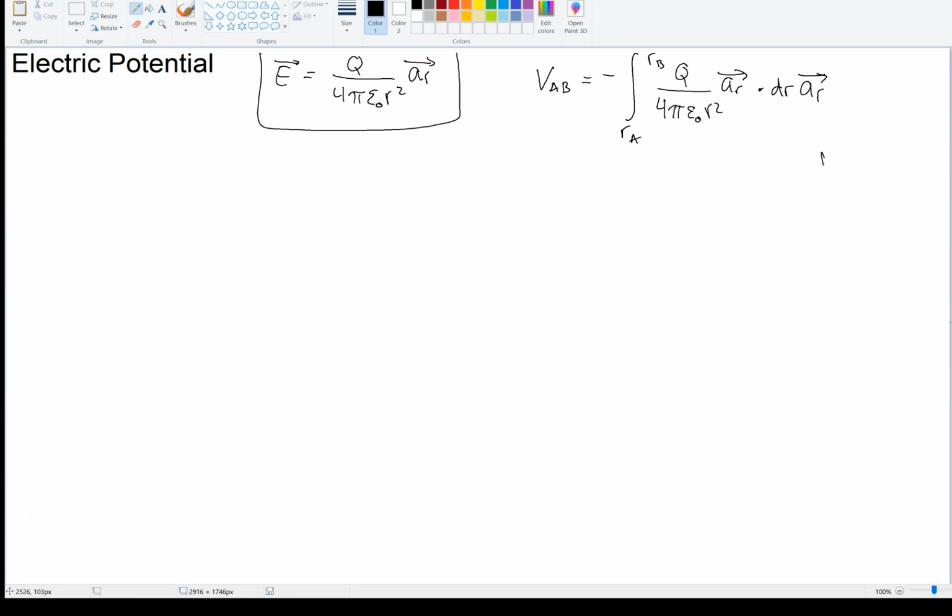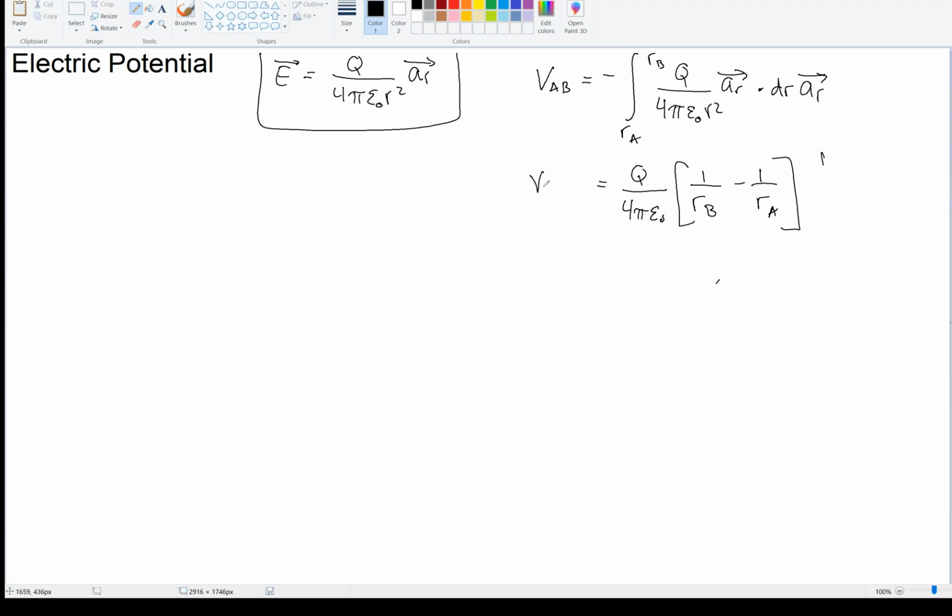So I do this dot product, and then I do the integration. Integrating 1 over r squared is negative 1 over r. And so what I get is this here. The negative goes away because of the integration of r to the minus 2.